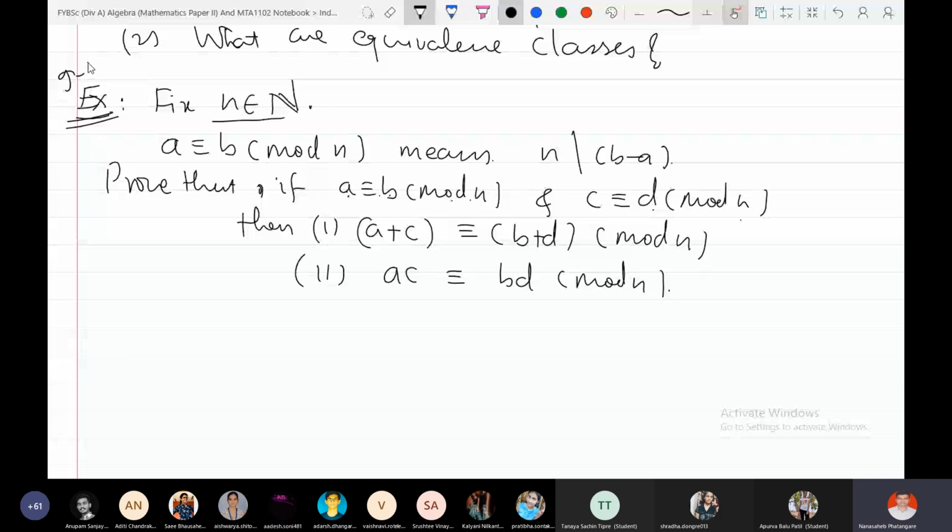Two integers, A and B are integers. A is congruent to B modulo n means n divides B minus A. Fine. So I will try to prove this.